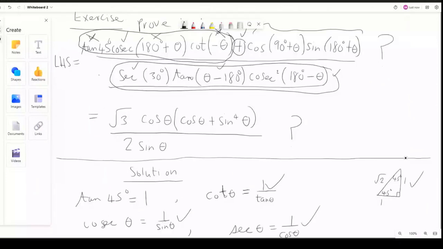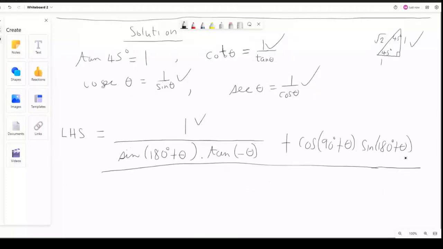I can write it as follows. Just need to make some space here.